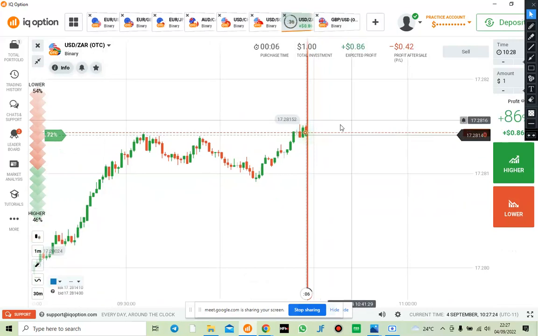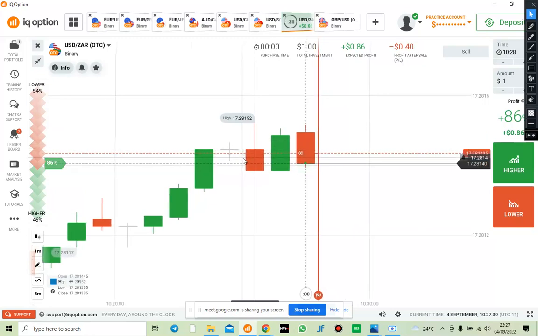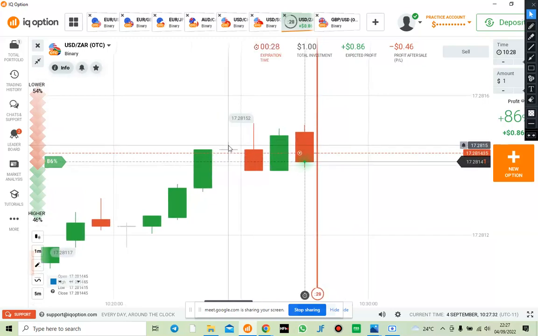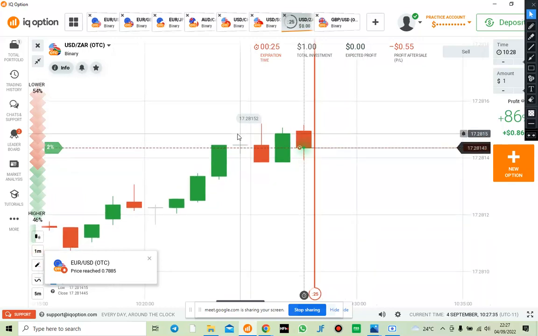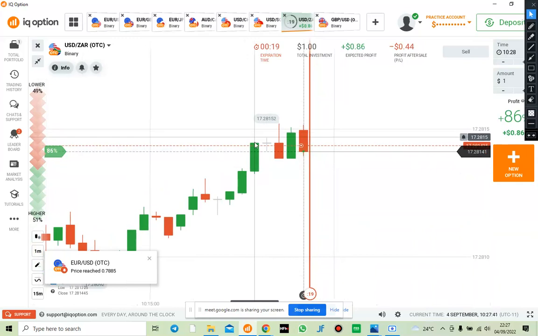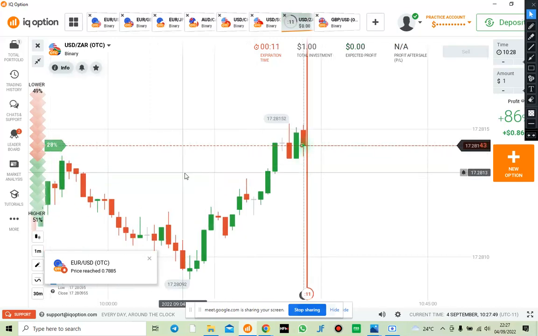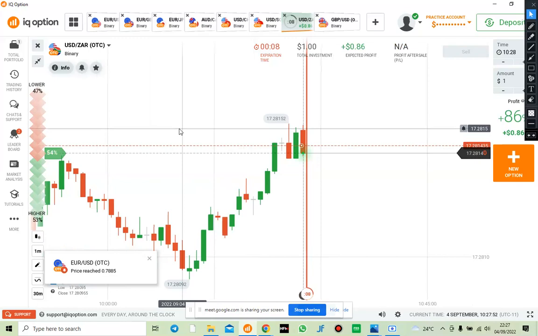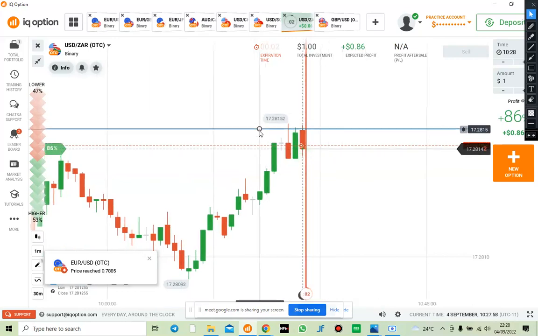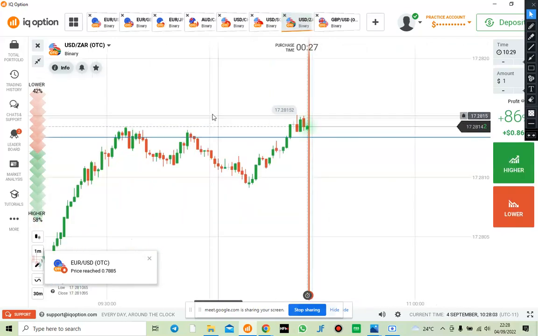That's why I say before you even start trading, you must draw out your key level. Actually, the level is right here. Okay, I don't know what is going on here. I didn't see any key level here.